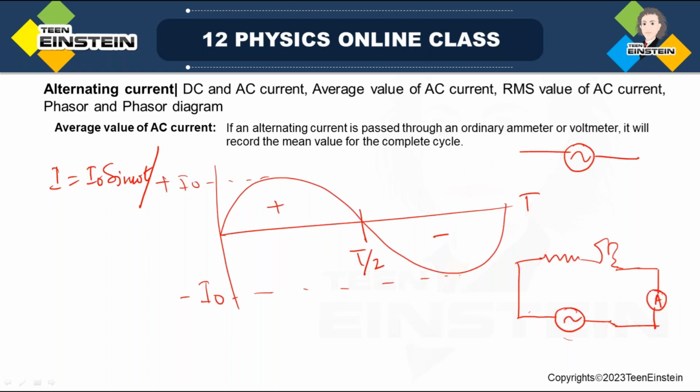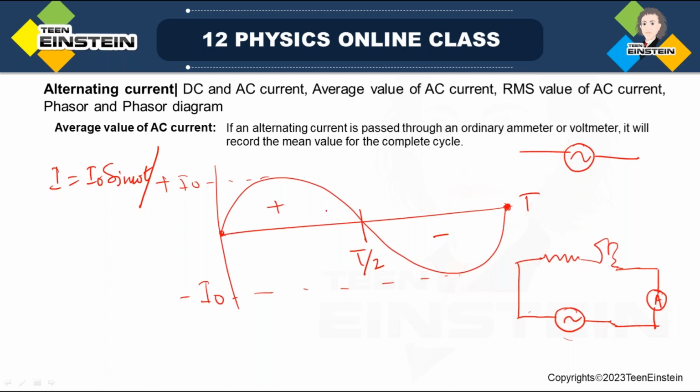You know what a normal ammeter does? It sees the full cycle and then gives the result, the mean of the current. It takes both the values and then takes the simple arithmetic mean.